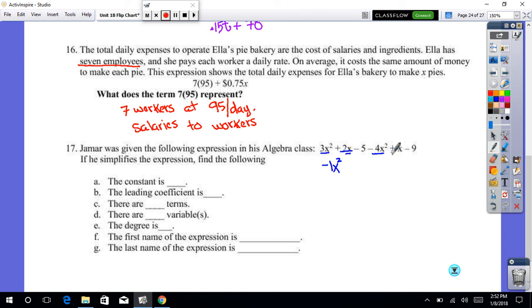Positive 2, positive 1, so positive 3x. Negative 5 and negative 9 is negative 14.